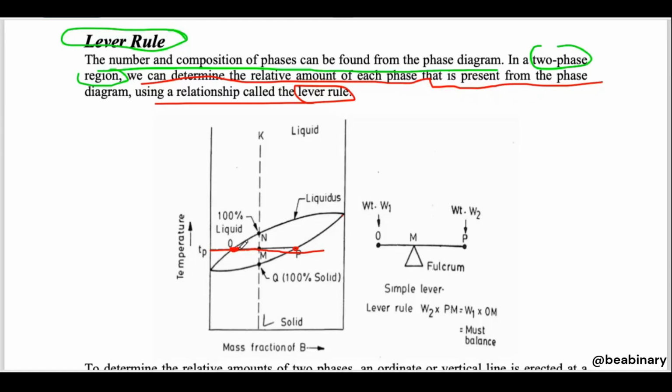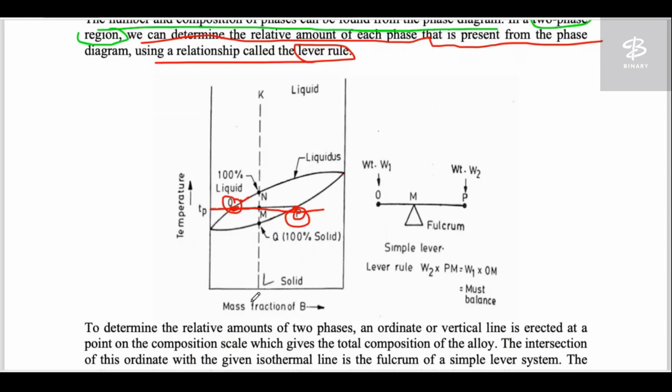So at the points where the same line cuts the solidus line and the liquidus line, we have defined the points O and P, and in between is the phase mass fraction that you require.